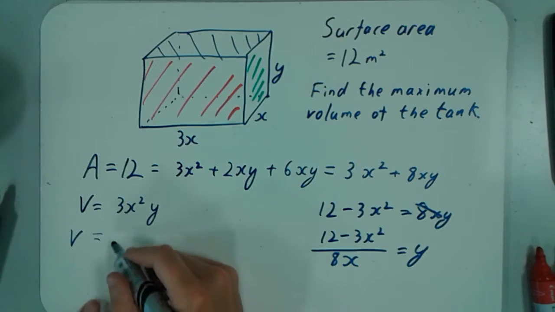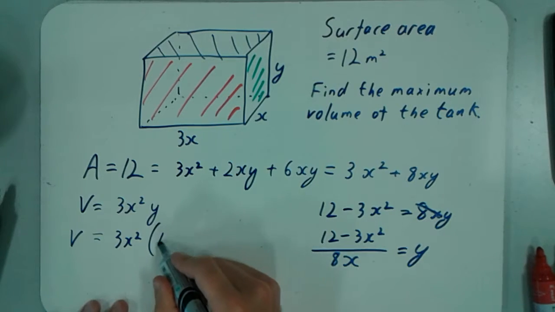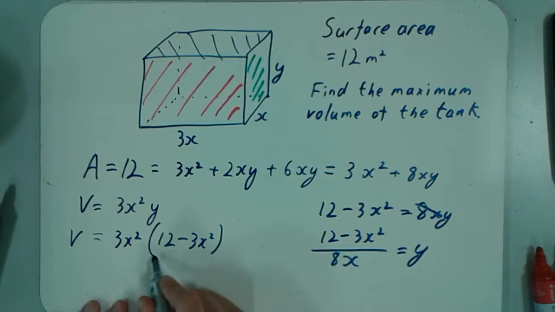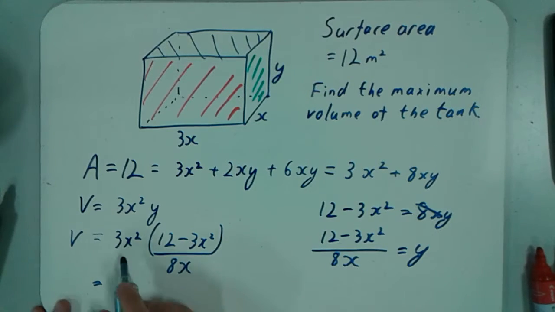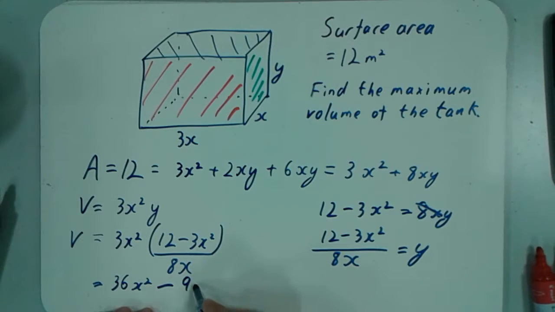We're using our knowledge of simultaneous equations here to eliminate a variable. The volume is equal to 3x squared multiplied by 12 minus 3x squared all over 8x. Simplifying this down, one of those x's cancels with that. Expanding the brackets gives us 36x squared minus 9x to the 4.